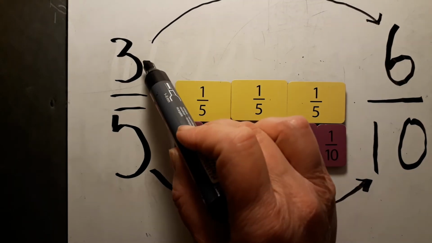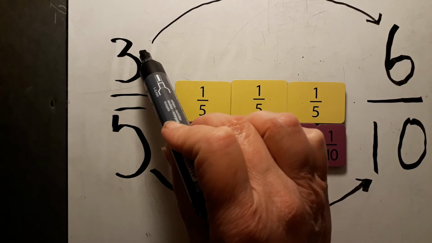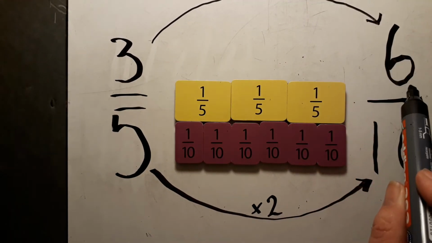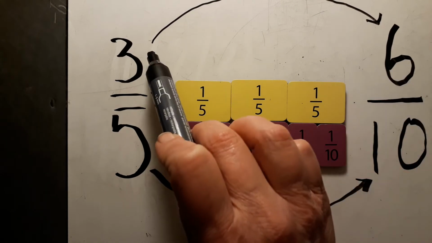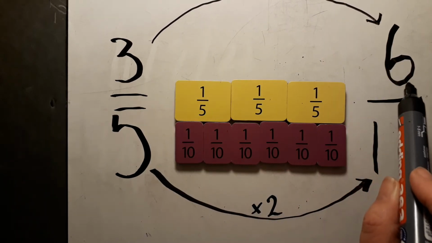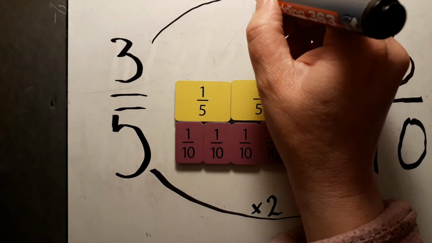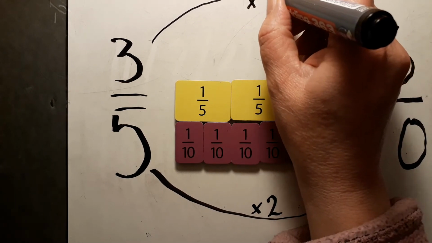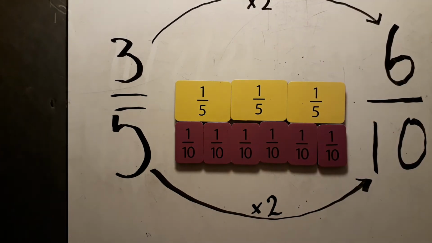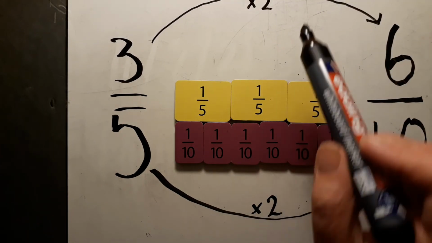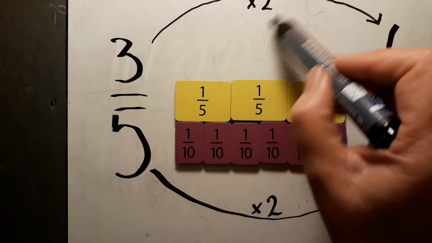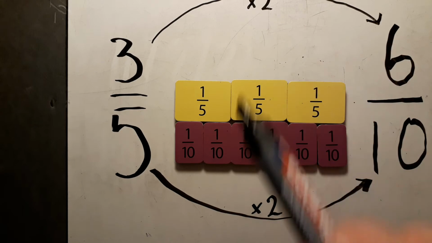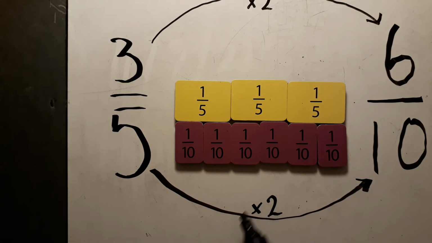And if we look at what we would do to 3 to become 6, we would multiply by 2 as well, because whatever happens to the top of our fraction, to keep it equivalent, we need to do the same to the bottom.